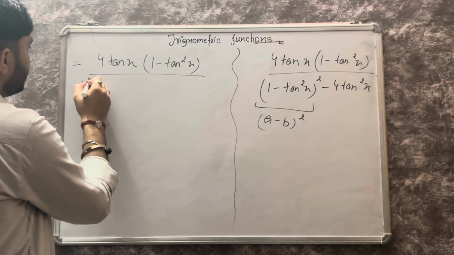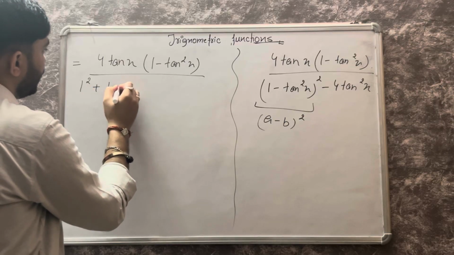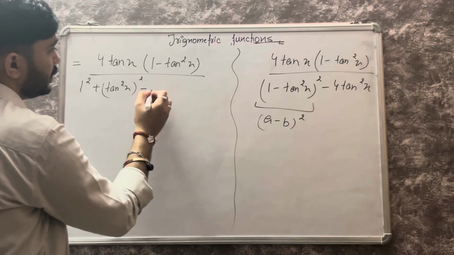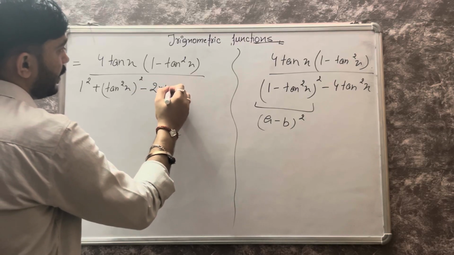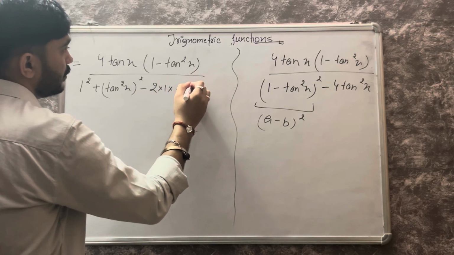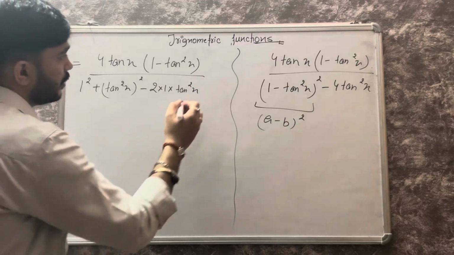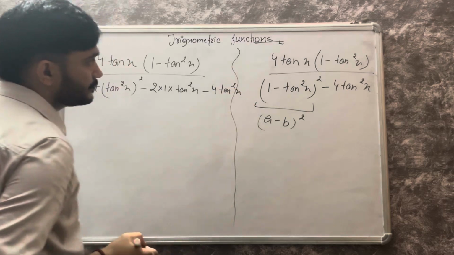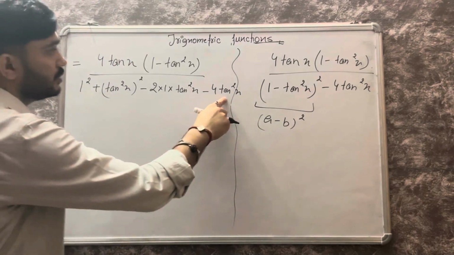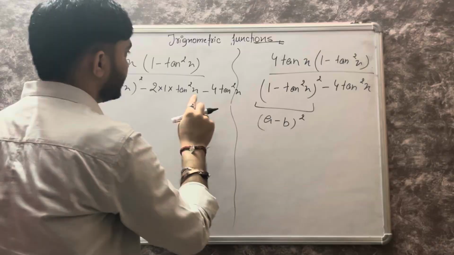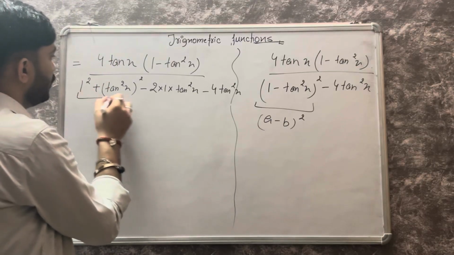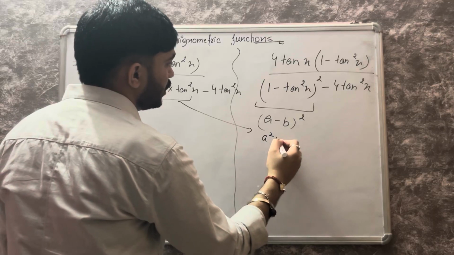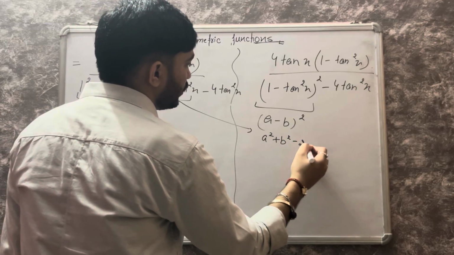That is 1 square plus tan square x whole square minus 2 into a and b minus 4 tan square x, because this term is going to be written as it is. And here is the formula of a minus b whole square, that is a square plus b square minus 2ab.